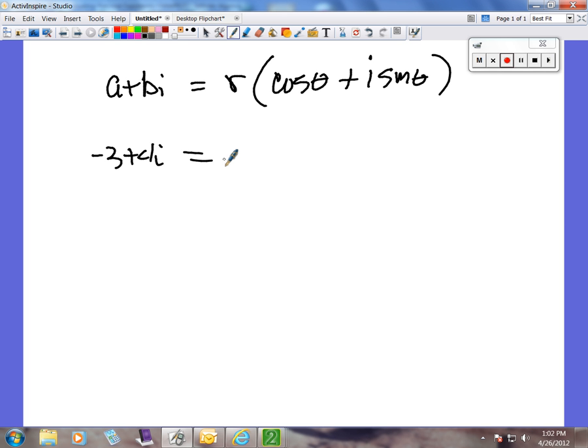How have we been finding theta for all year on every problem? Tangent inverse. And we usually put y over x, don't we? Well, this time, guess what you're going to put? How about b over a?